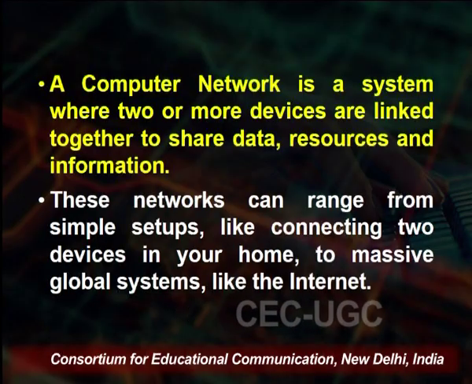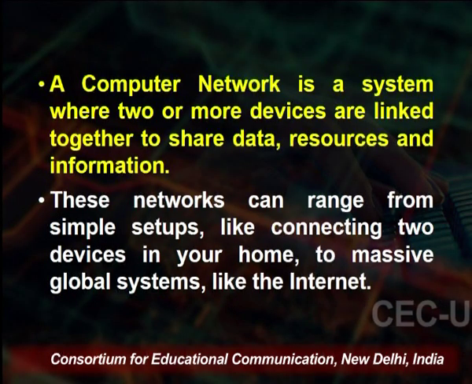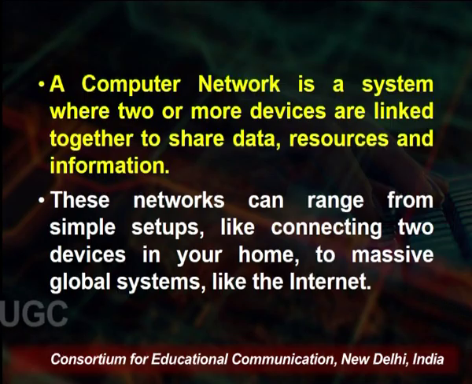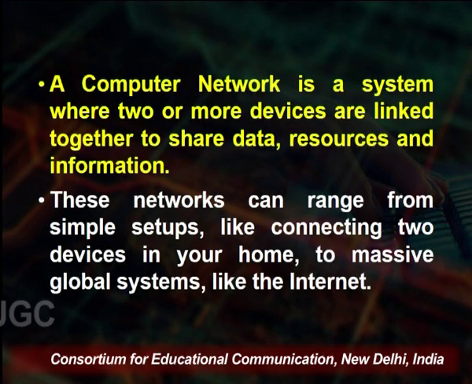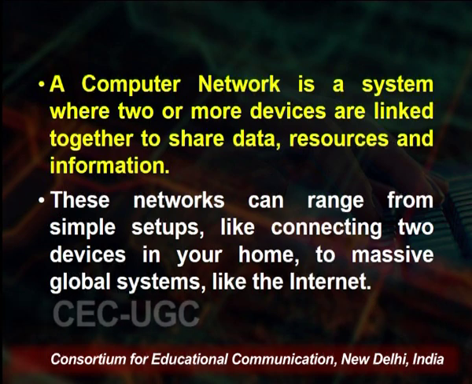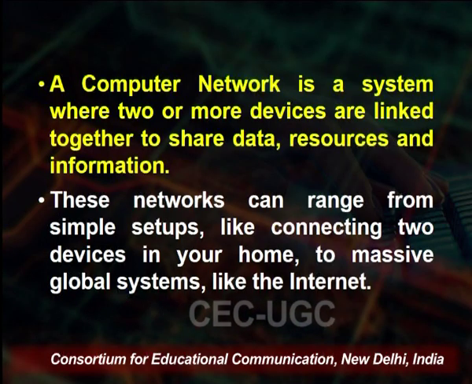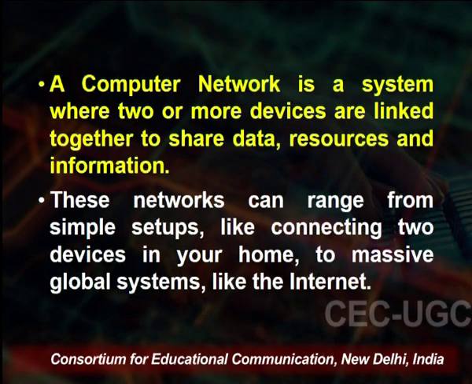If we talk about computer networks in a specific manner, a computer network is actually a system where two or more devices, now what all these could be, that we will talk about later, are linked together to share data, resources and information.